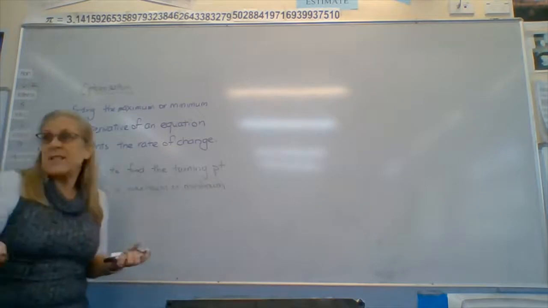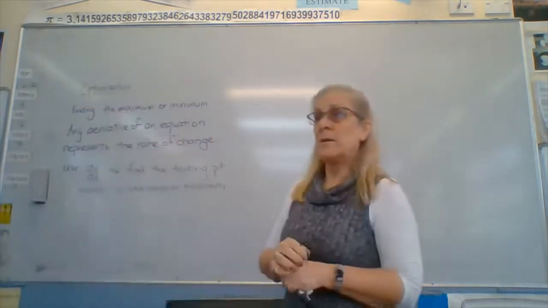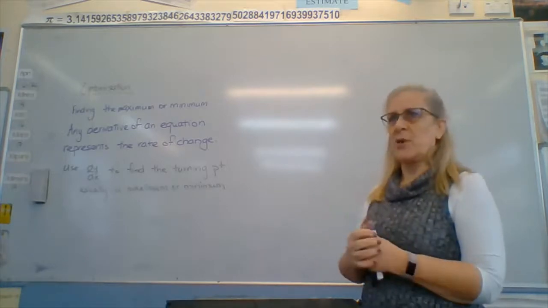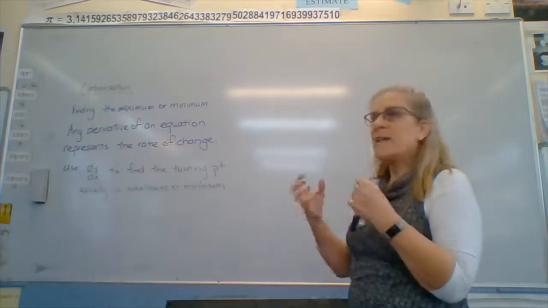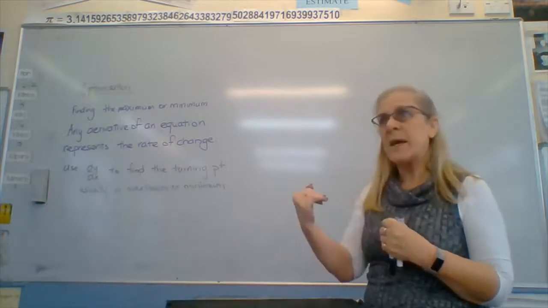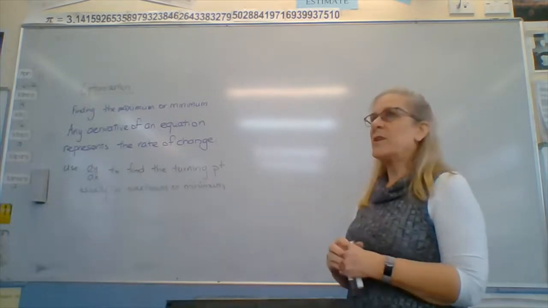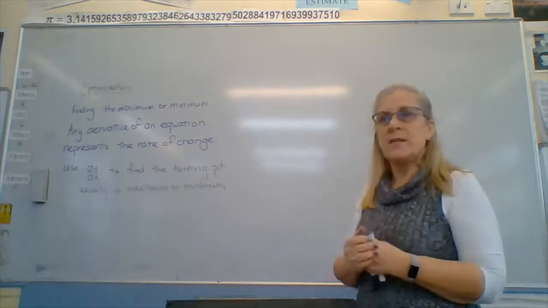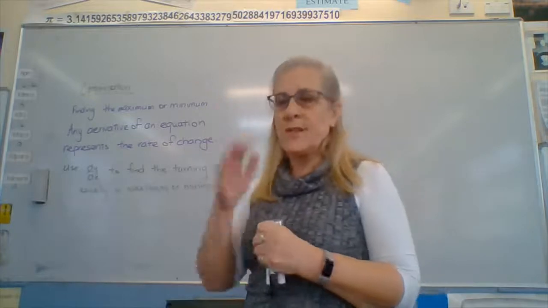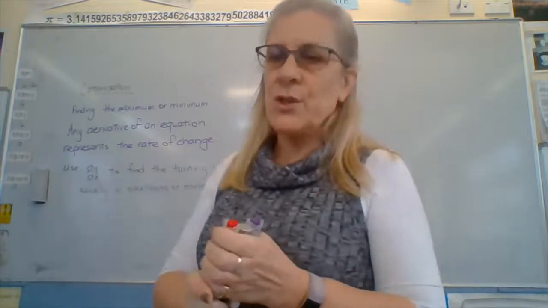All right, what's the other thing it can be? A point of inflection, which isn't very helpful to us when we're trying to optimize something. We want to find out if something has reached a maximum price, a maximum distance, or a minimum. So a point of inflection or a stationary point isn't actually that much use to us.